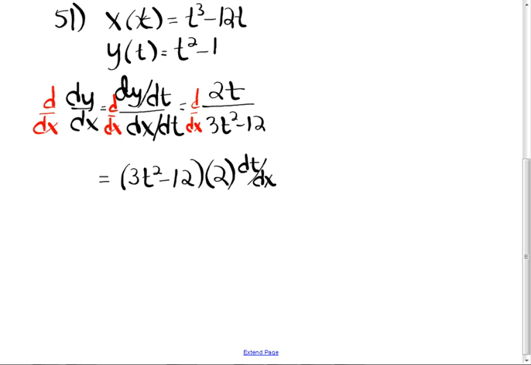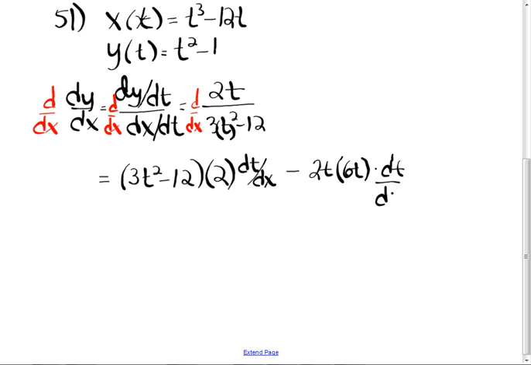If you look at the answer book, you'll look at it for a while figuring out what in the world they did to get that formula. Well, we'll get there. Minus 2t times the derivative of 3t squared minus 12, which is 6t, times the derivative of the inside function, dt/dx.